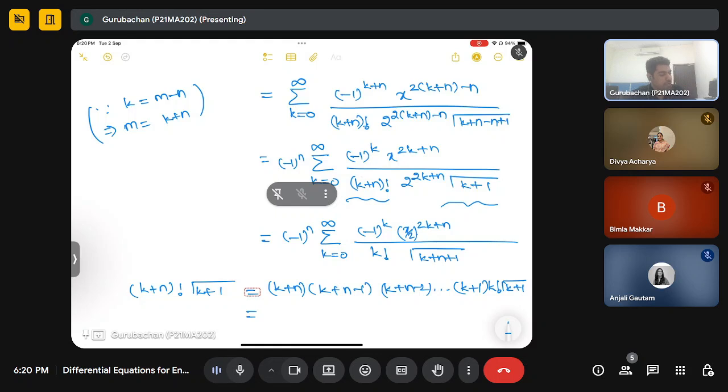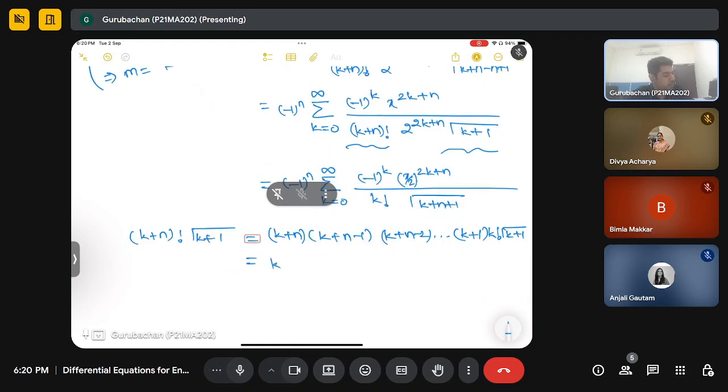So this will imply that these terms and these terms, k factorial, will be left outside. So this will give you gamma of (k plus n plus 1). The reason is gamma of alpha plus 1 is equal to alpha gamma of alpha for all alpha.